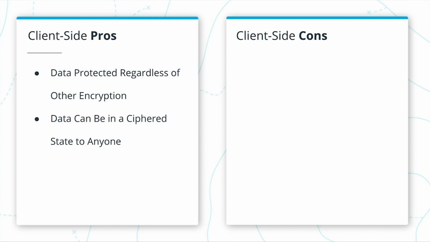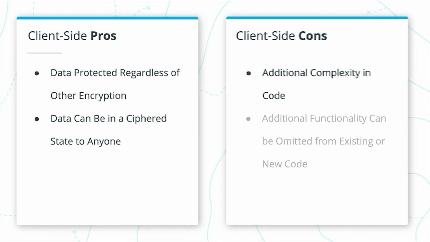The data is effectively useless to them unless, of course, they have permissions or access to the encryption keys. What about the drawbacks? The code will have additional complexity of using SDKs and libraries required to perform cryptographic functions. There is always the potential of this additional functionality being inadvertently omitted from the code.